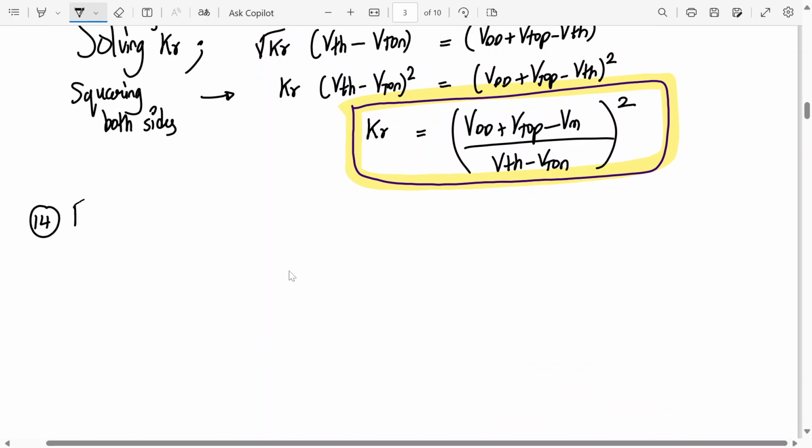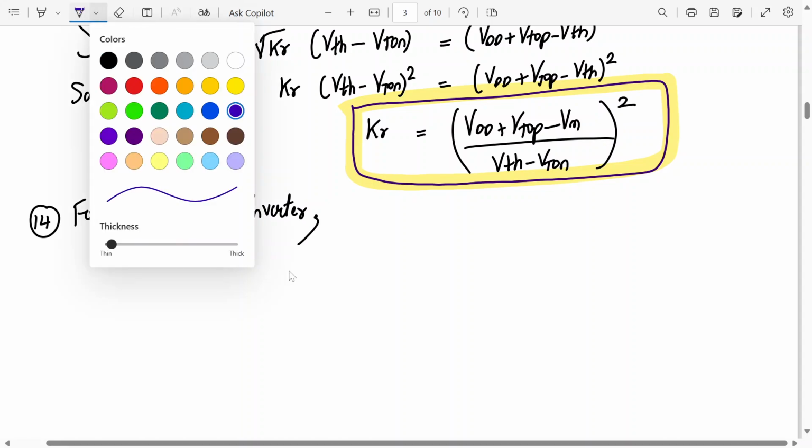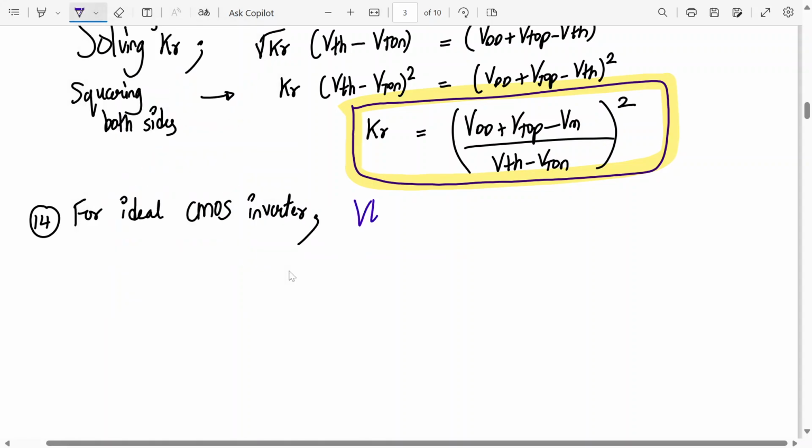So for an ideal CMOS inverter, what can we write? Vth is equal to half of Vdd, or 0.5 of Vdd. So let's find out the inverter ratio for an ideal inverter.